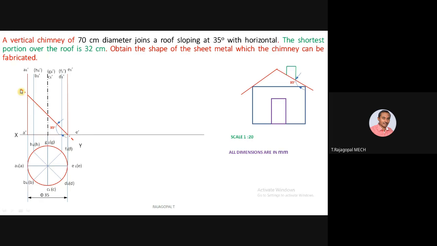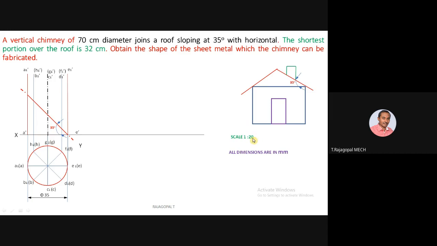Now we can fix the height of this chimney. Shortest portion over the roof. If you assume this section plane is the roof, the slope of the roof which is 35-degree incline as per this sentence, 35-degree with horizontal XY. Now, the shortest portion over the roof is 32. So you may not use 32 straight away here. You have to check with your scale.